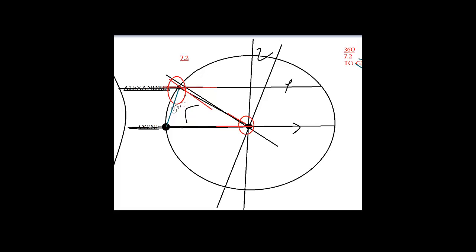He'd have to multiply the 7.2 by the 50. No, he didn't actually. Scratch that. What he did is he got 7.2 over here. Right? He kept it. He's like, I'm good with that. He measured the distance from Alexandria to Syene. He got 500 miles, or 5,000 stadia. So that's what he got there.